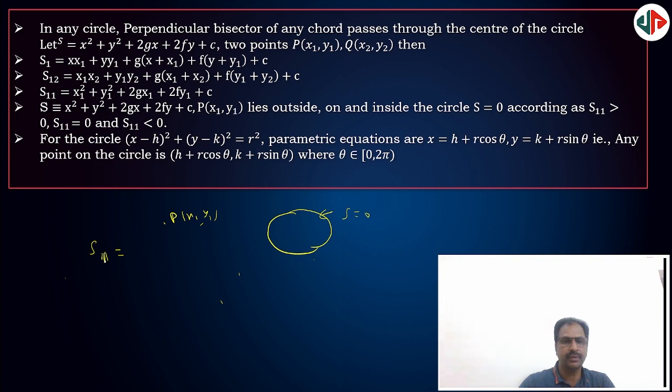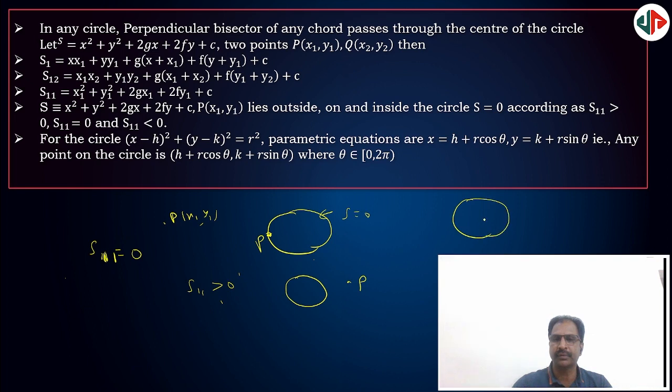As I already told you, S11 represents a constant. If you get S11 as 0, then the point lies on the circle. If you get S11 as positive, the point lies outside the circle. If S11 is negative, then the point lies inside the circle.